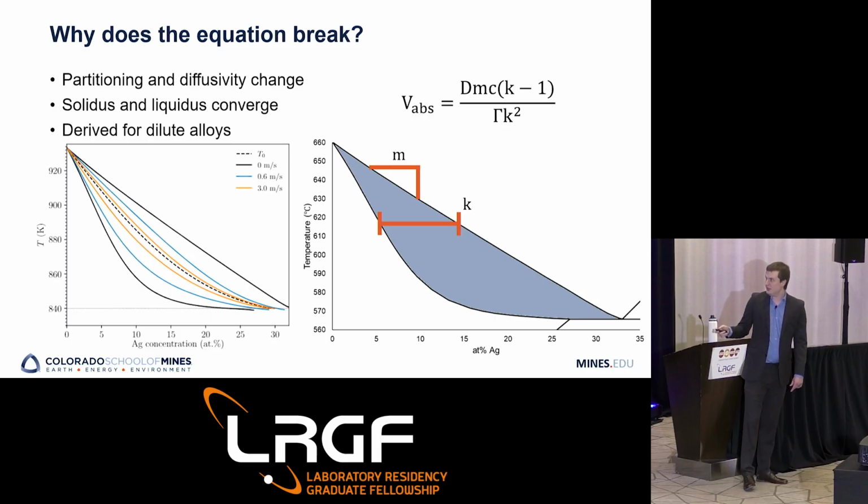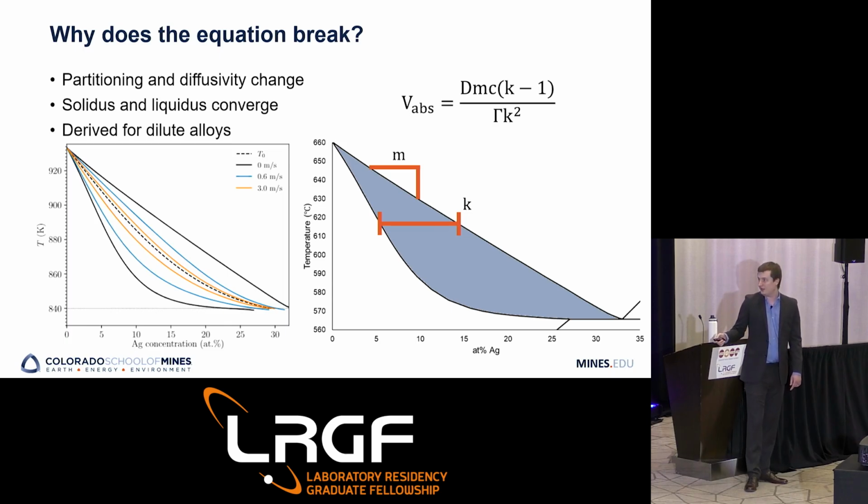So it assumes that we have a constant slope for our liquidus, and we don't, because as you increase in velocity, you don't use the equilibrium liquidus anymore. You have to use the metastable liquidus as your velocity increases, because eventually the solidus and the liquidus converge to the T0 line, which is simply where they both have the same free energy.